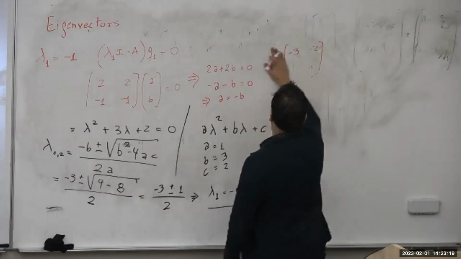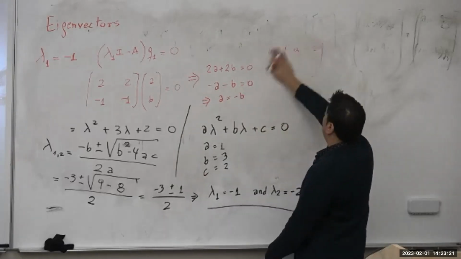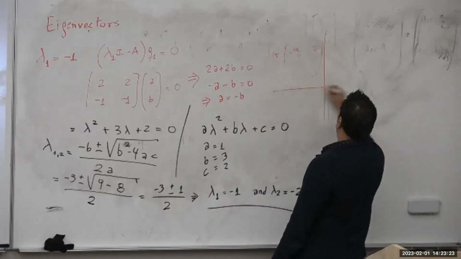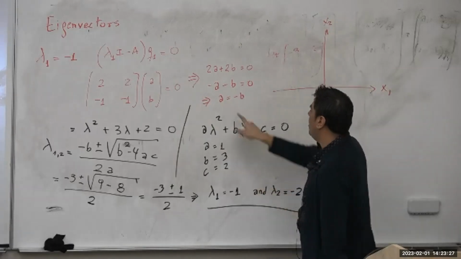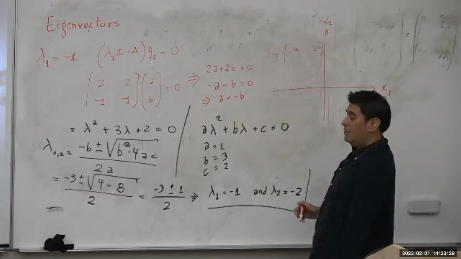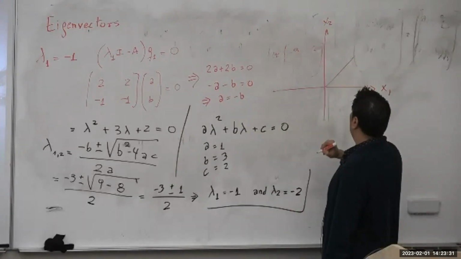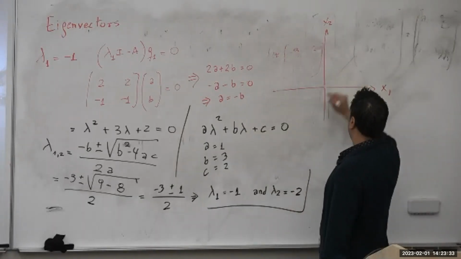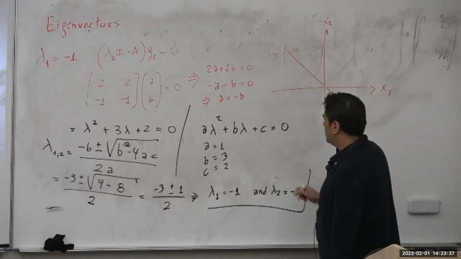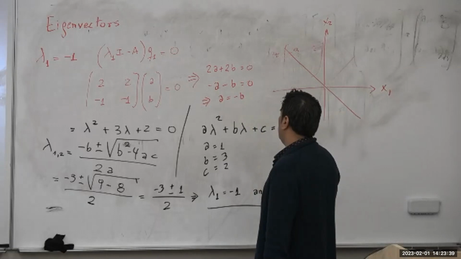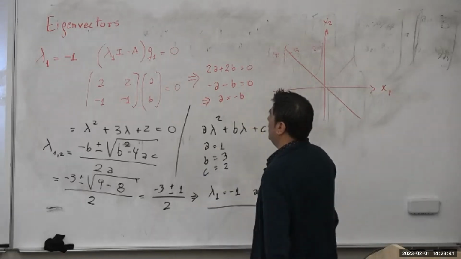So if you plot this in the plane here, you have x1 and x2. What is that direction? It's a line. It's negative, something like this. So if you have A, then B is going to be the negative.